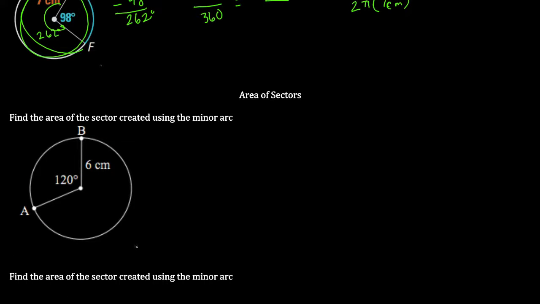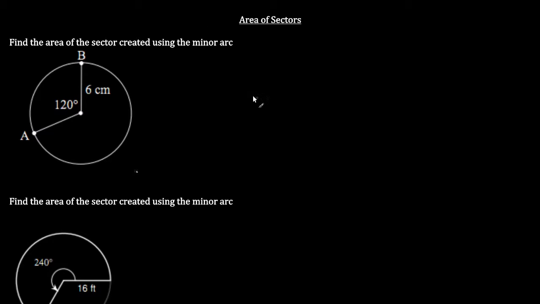Okay, so this time we're doing area. We're going to do the area one the exact same way, except for one detail. Kind of a major, get it, detail, but you'll see it's minor in its own way. So let's do it. It wants to know the minor arc, so the sector. So this would be the sector created by the minor arc. It wants to know this area right here.